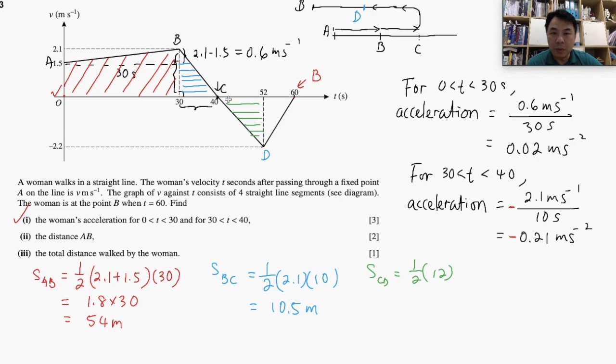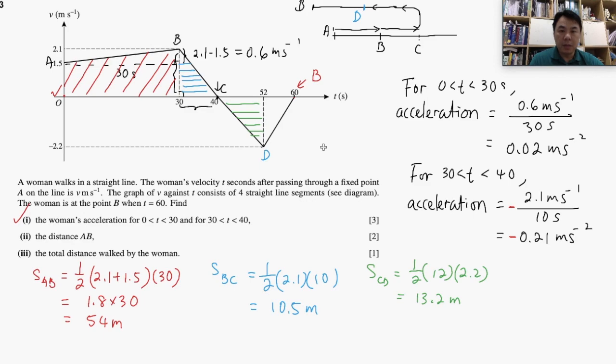The length between here is 12, and then the height here is 2.2. Now, because we are interested in the distance, we don't have to include the negative sign. So that is 13.2 meters. So this region is 13.2 meters.